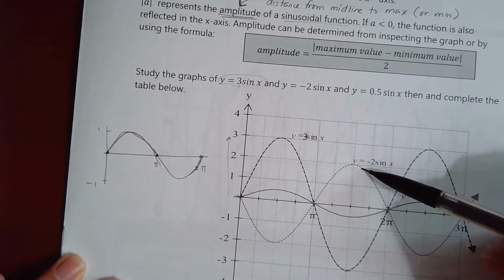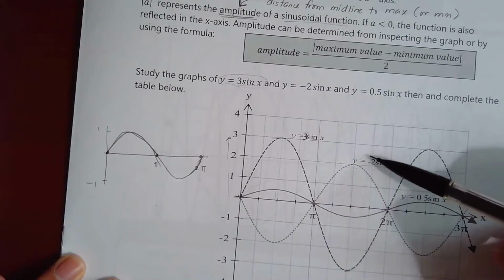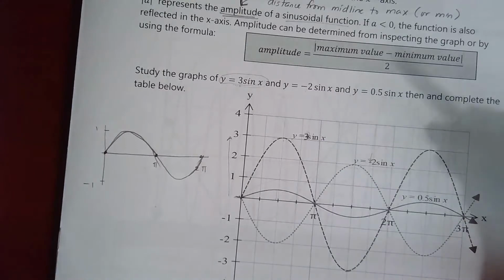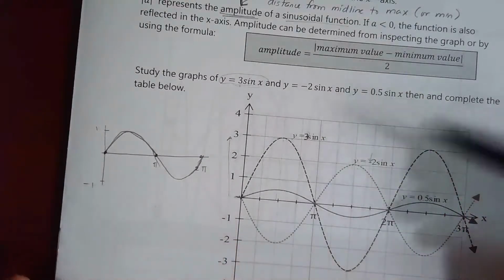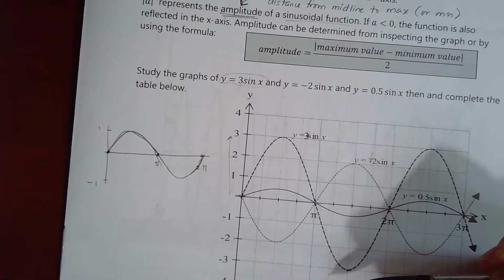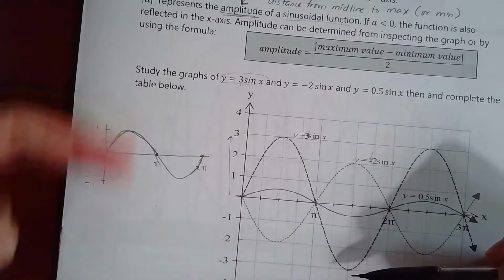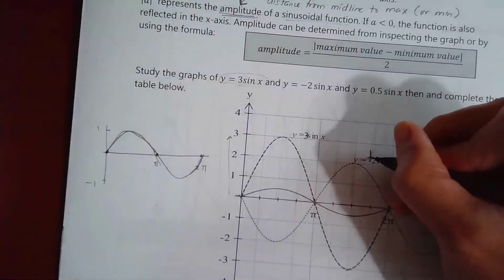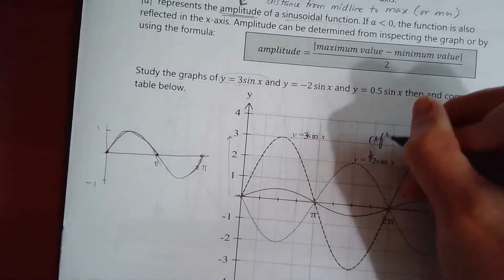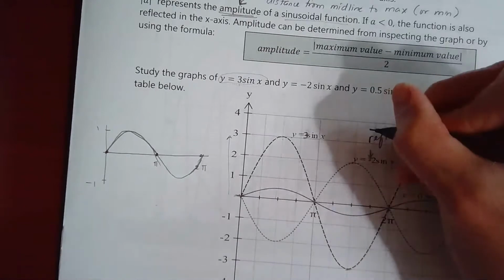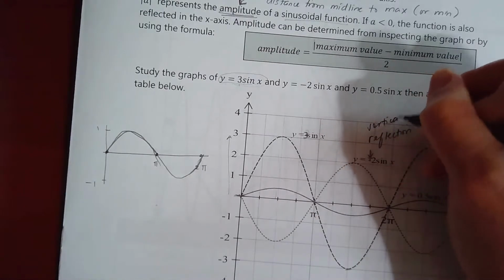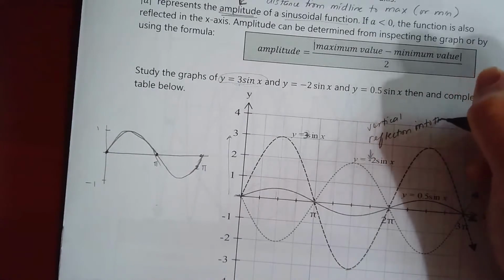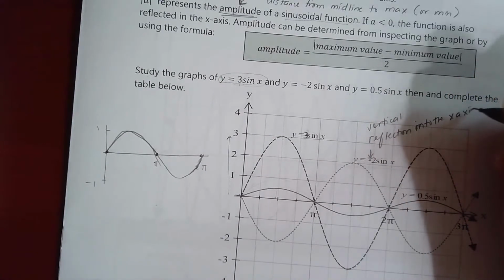But for y equals negative 2 sine of x, this negative here in the a value makes the reflection into the x-axis. It's a vertical reflection. It got flipped over. So this one talks about a vertical reflection over or into the x-axis.